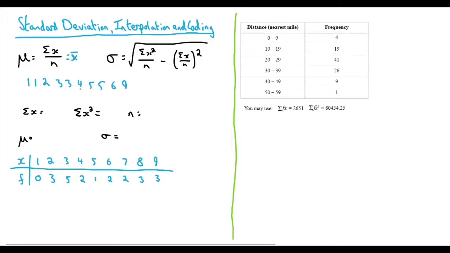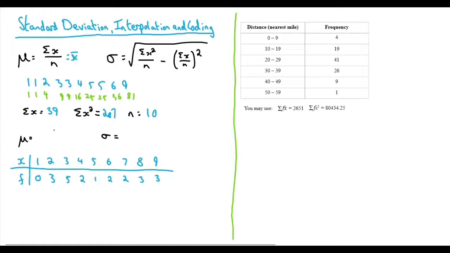Well, to add these all up, that would just get you a total of 39. If we were just to square these all first, that would become 1, 1, 4, 9, 9, 16, 25, 25, 36, and 81. Add all of those together for your sum of x squared, and you'll get 207. And then the number of terms is just 10.